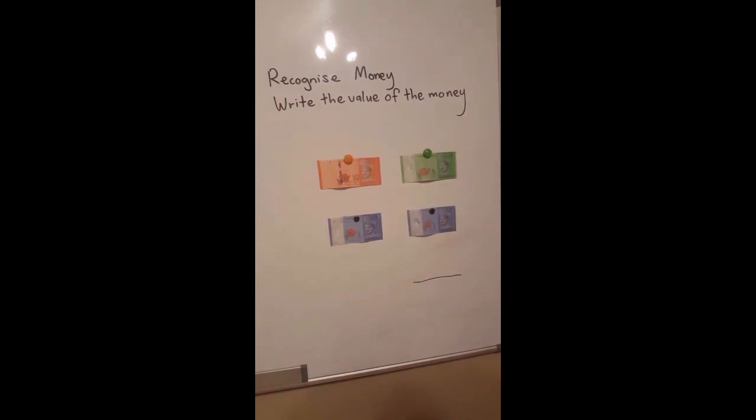So now we are going to write the value of the money. We have 10 ringgit note, 5 ringgit note, 1 ringgit note, and another 1 ringgit note. We are going to add up all the notes to find the value of the money.